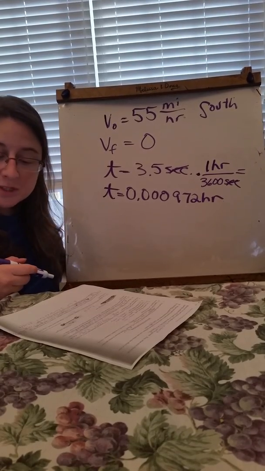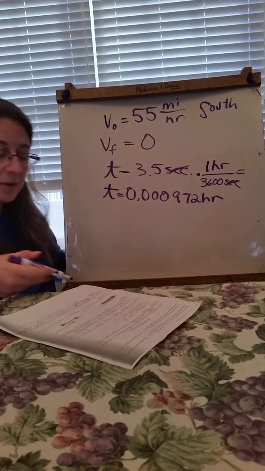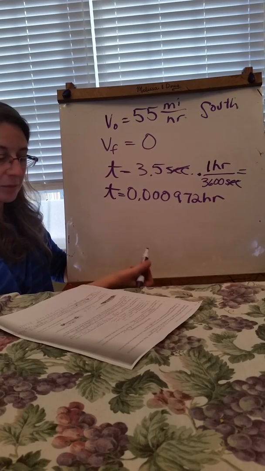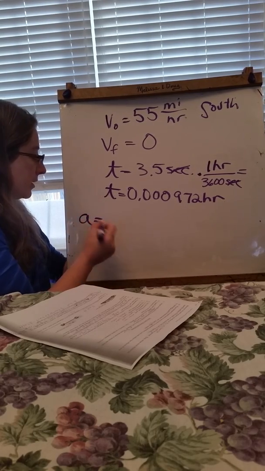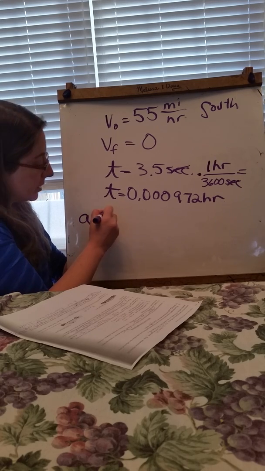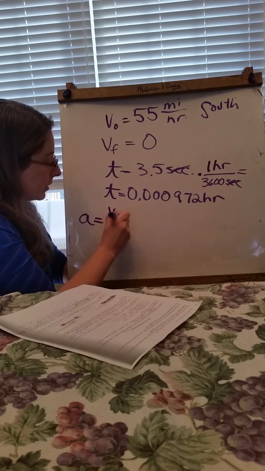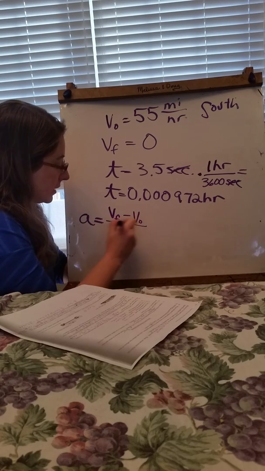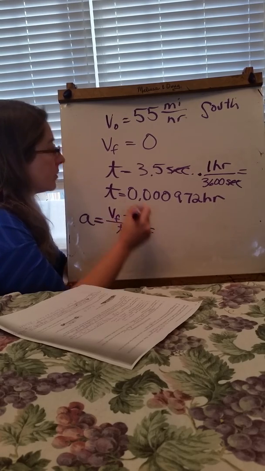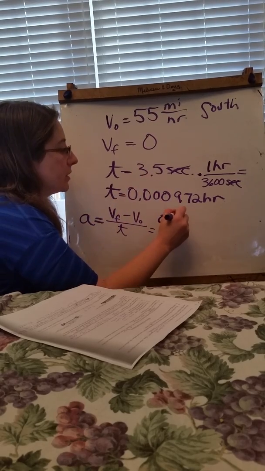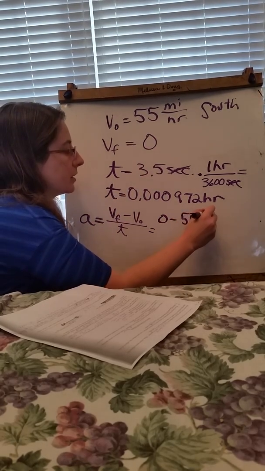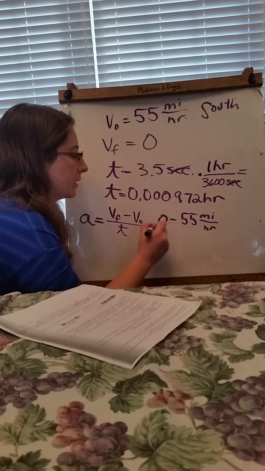Okay, so then we just plug that in, even though we have big, tiny decimals here. Don't worry. Plug in for acceleration. Then you have acceleration is final velocity minus initial velocity divided by time. So final velocity was 0. Initial velocity was 55 miles divided by hours.